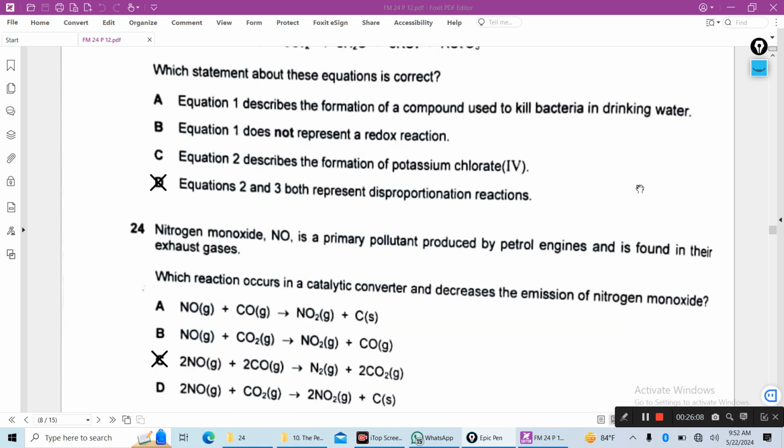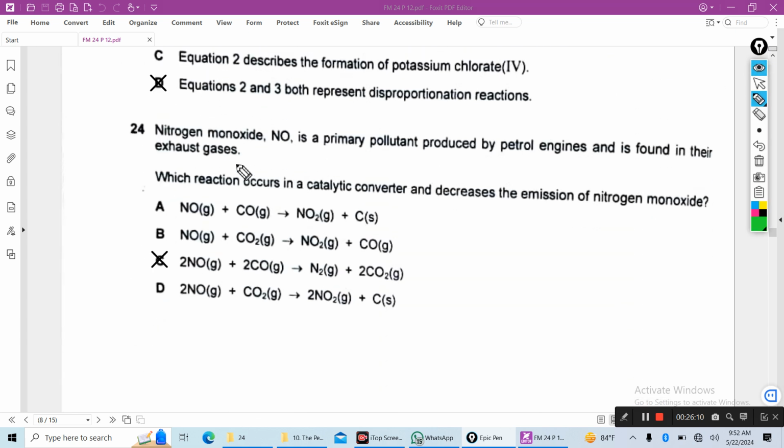Next, 24. Nitrogen monoxide is a primary pollutant produced by petrol engines and is found in their exhaust gases. Which reaction? Carbon monoxide is also a harmful gas.